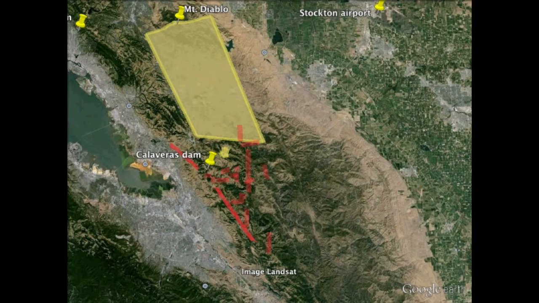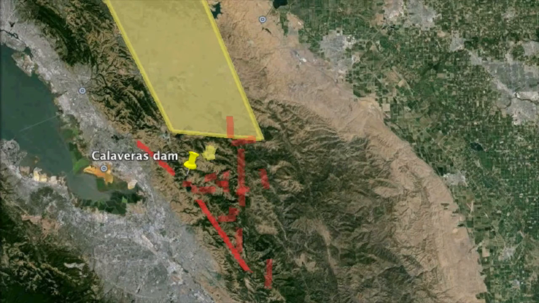I'm going to introduce an imagined feature called an indenter, a big spike that is being wedged down from somewhere around Mount Diablo. Alternatively, one may look at this as California trying to flow up to the northwest around a stubbornly resistant block.